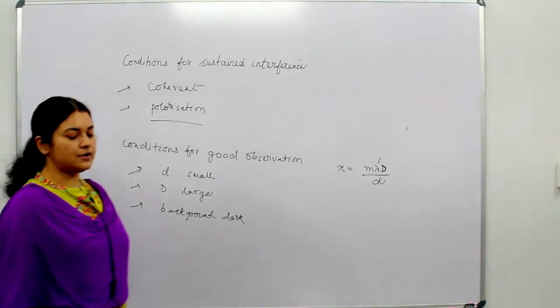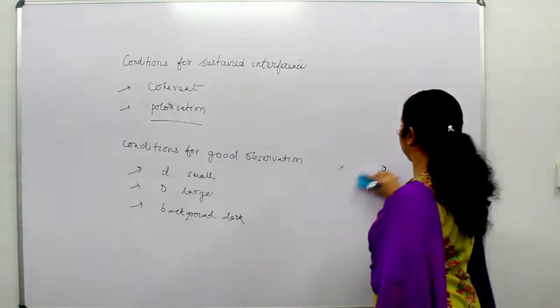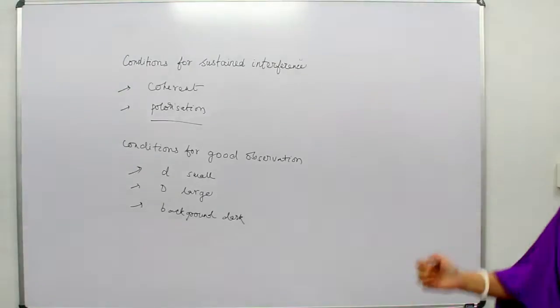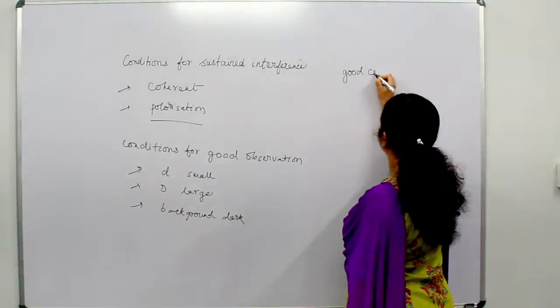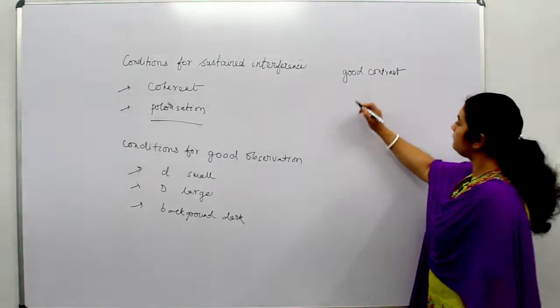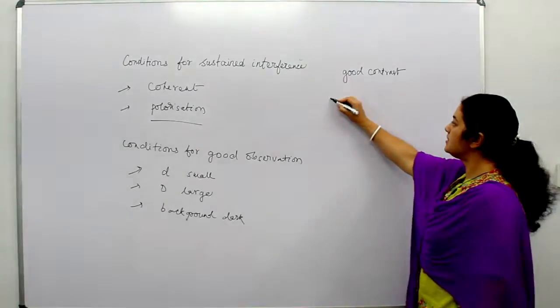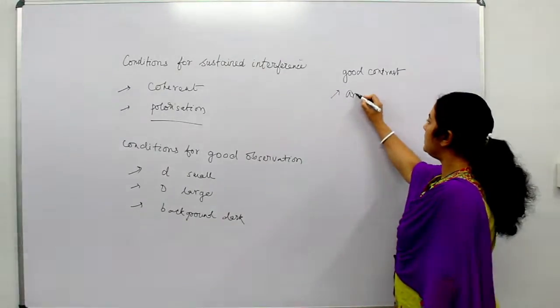And conditions for good contrast. For observing good contrast fringes, the amplitudes of the two waves must be equal.